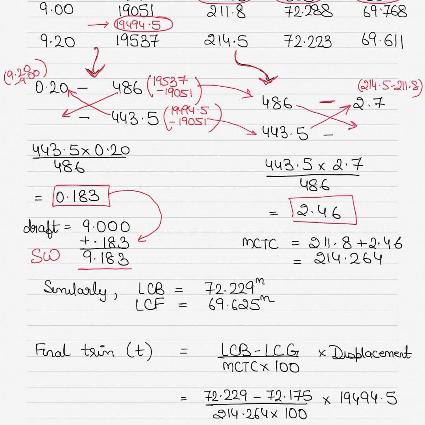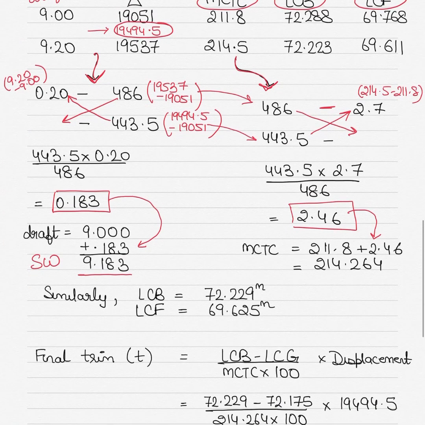Look at the MCTC values: going from 19051 to 19537, the MCTC is increasing. So going from 19051 to 19494.5, my MCTC should increase. So I will add it to the value of the MCTC for 9 meters draft, which is 211.8.